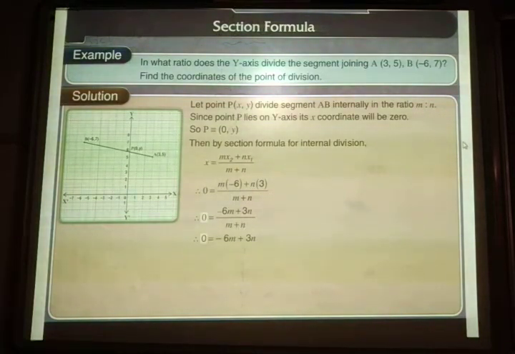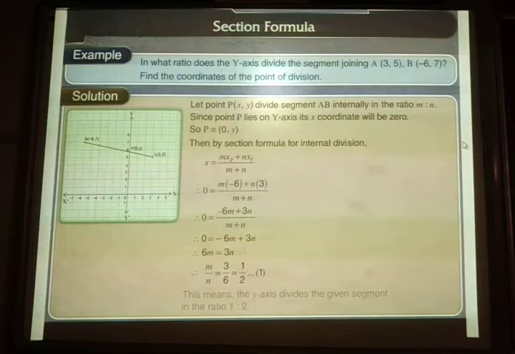So 0 is equal to -6m plus 3n. Therefore, 6m is equal to 3n. Therefore, m upon n is equal to 3 upon 6, which is equal to 1 upon 2. This means the y-axis divides the line segment in the ratio 1:2.